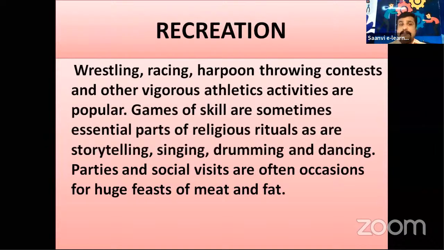Strong, healthy, athletic activities are popular. Games of skill are sometimes an essential part of religious rituals, as are storytelling, singing, drumming, and dancing. Parties and social visits are often occasions for huge feasts of meat and fat.